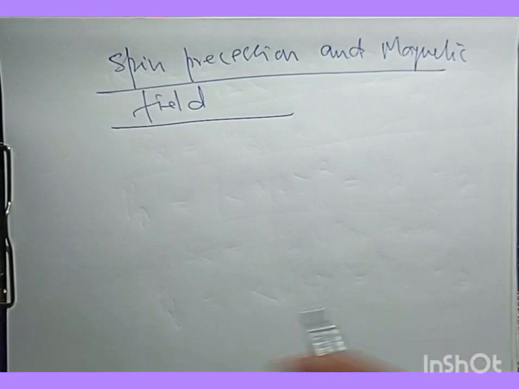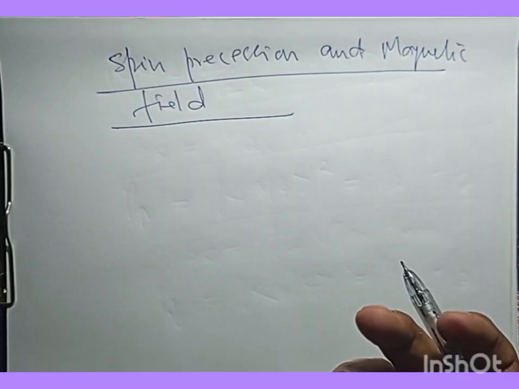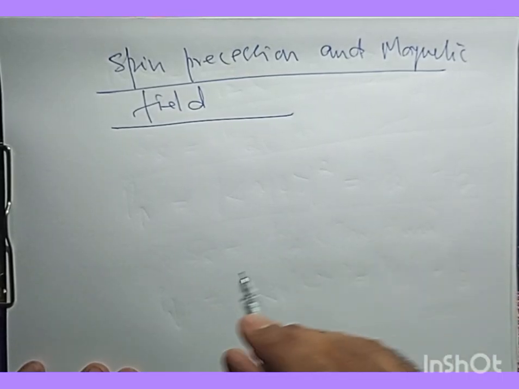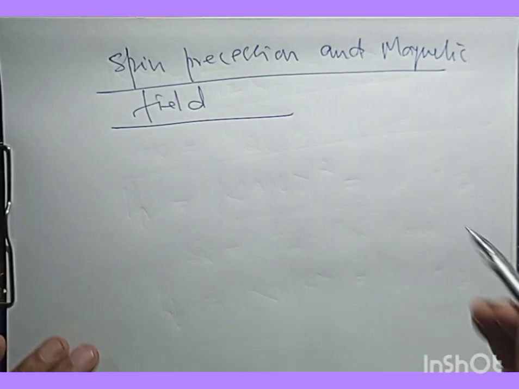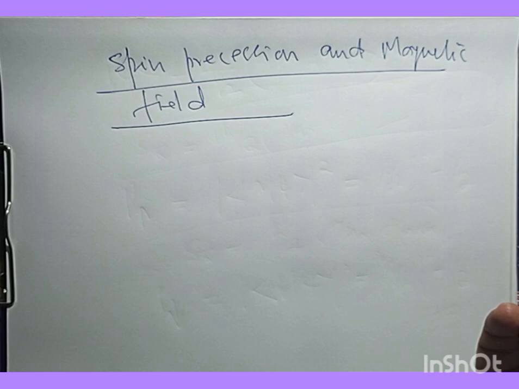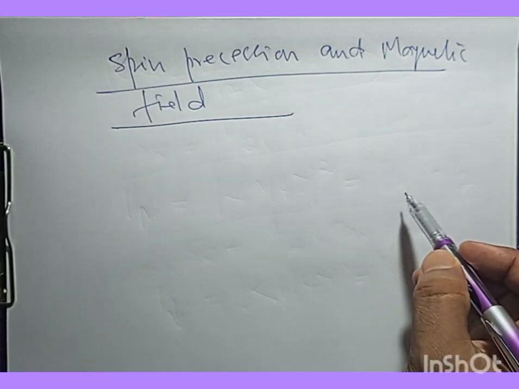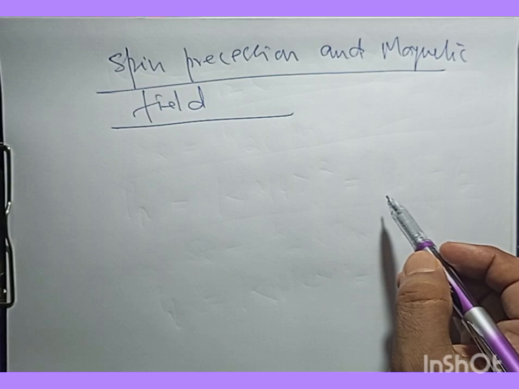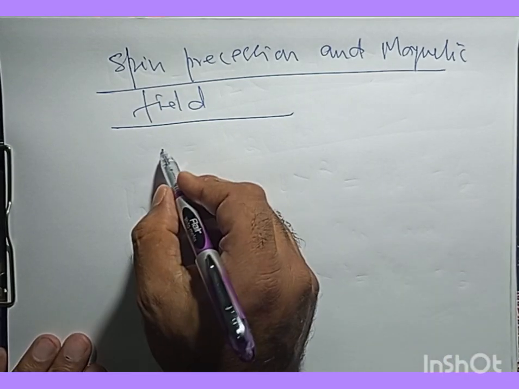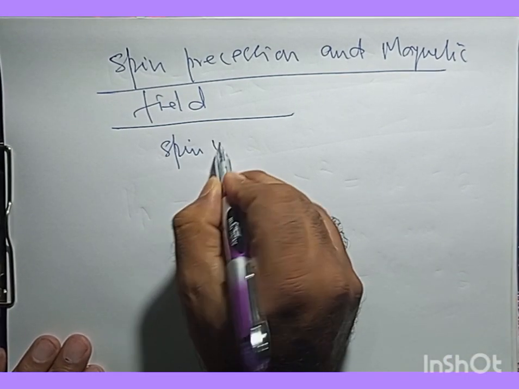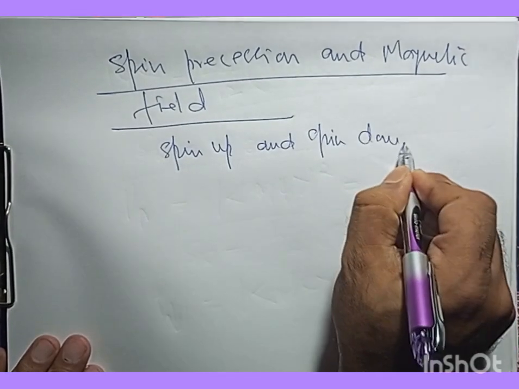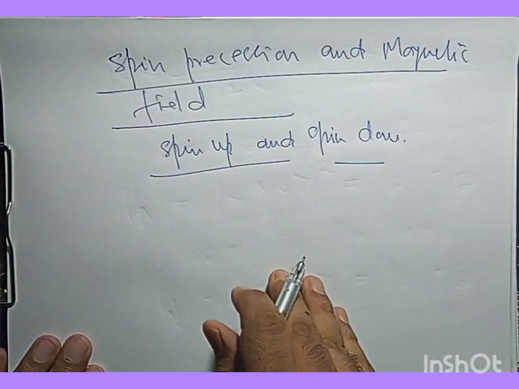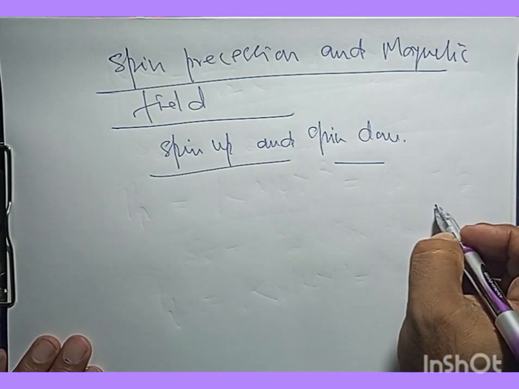Now, if I consider an electron in a magnetic field along some z direction, the electron's spin is initially aligned, say, along the x-axis. What's the time evolution of the spin state, and what are the probabilities of measuring spin up and spin down along this z direction?